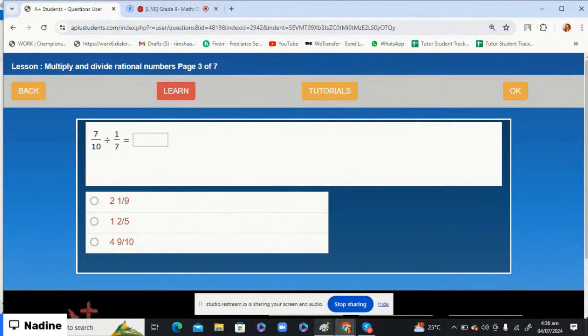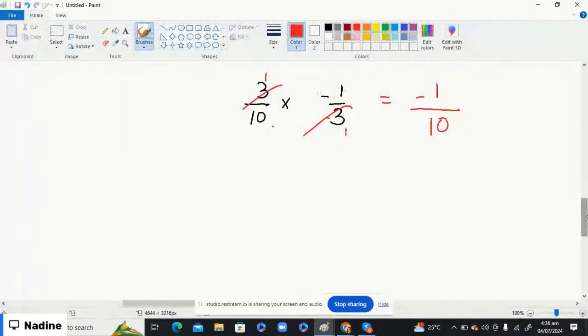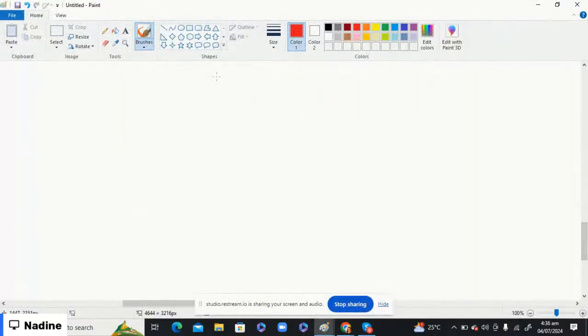Let me write one more question related to multiplication. For example, here is 6 by 9 multiplied by minus 4 by 3. We are going to cancel out these two numbers with each other, and these two numbers with each other.